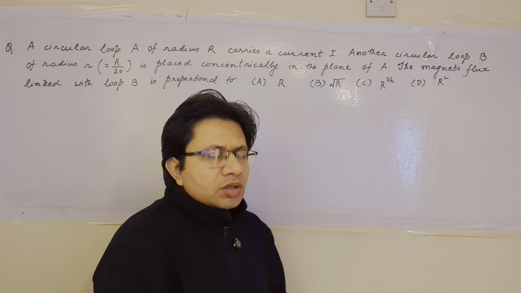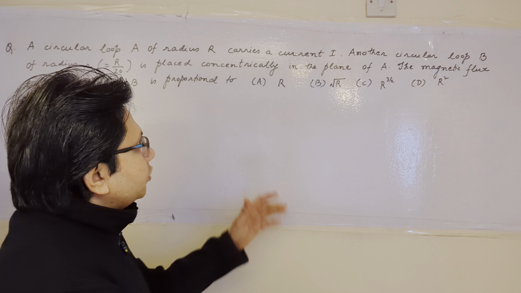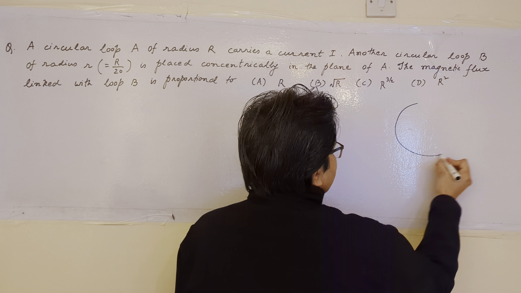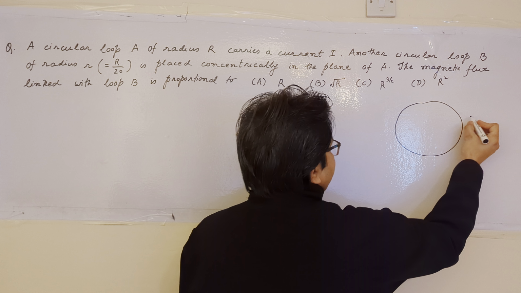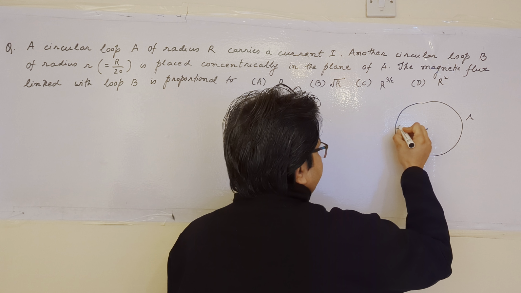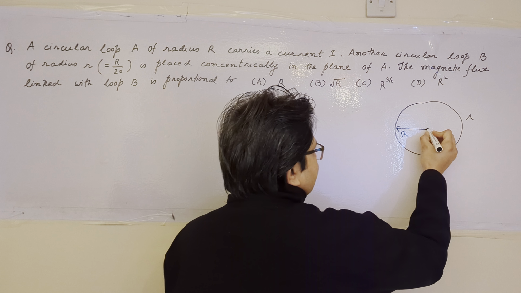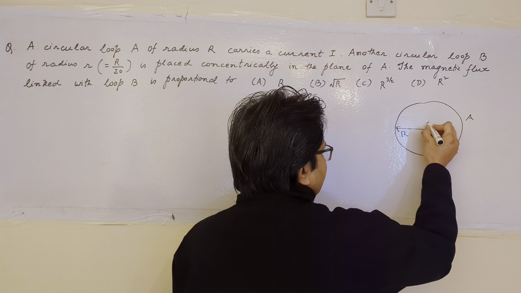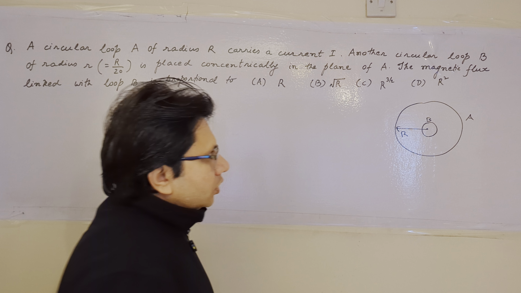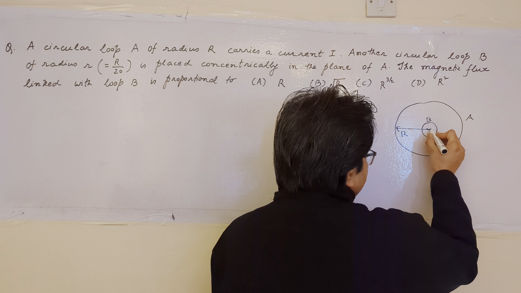So the problem is based upon the topic magnetic field, and in this particular problem there are two loops. This is loop A, the bigger loop, having the radius of capital R. Now concentric with this loop A, there is another, smaller loop named B, and the radius of this inner loop B is small r.